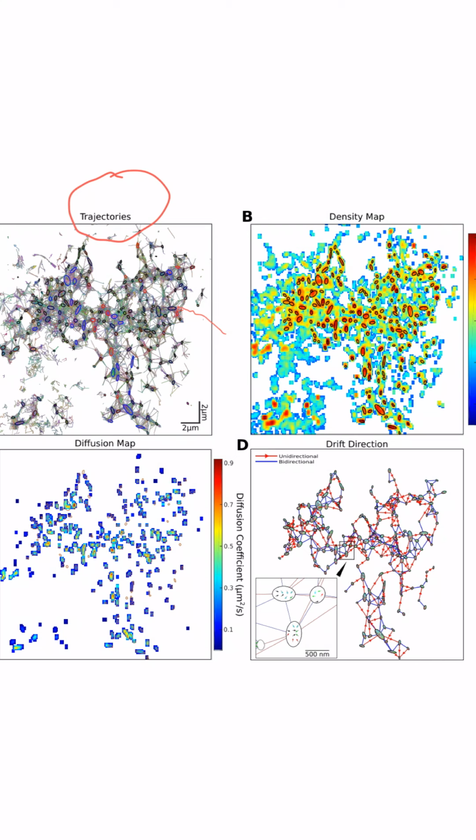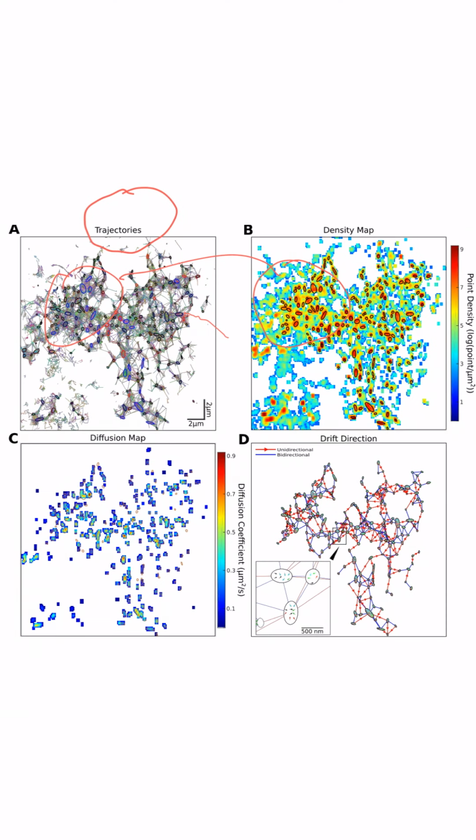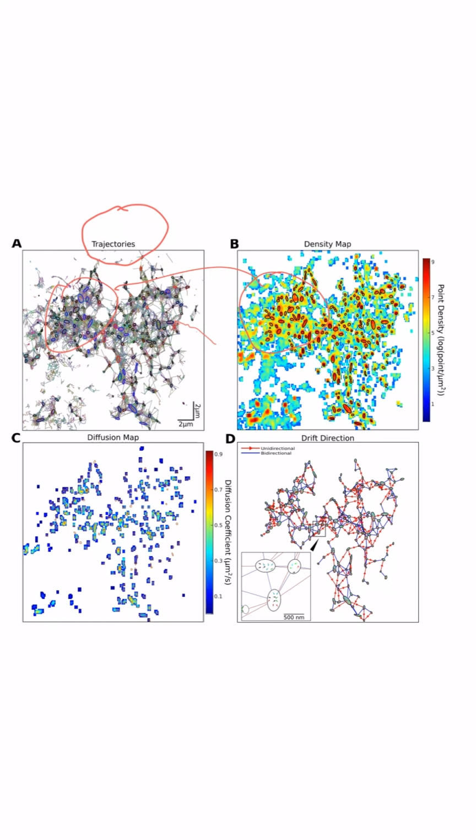That is, if we looked at the number of points that is falling, for example, in this region here, you can see in red the region containing a lot of points, so according to the color code that is represented here. And then for each region, we could then estimate the diffusion map by calculating in each pixel the diffusion coefficient that we have discussed in the previous movies.